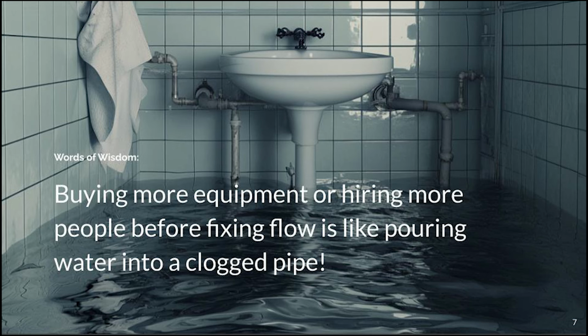And a root cause of that is needing to very clearly understand what a bottleneck is. So I like this word of wisdom: if you don't know what your bottleneck is and you're not addressing it, it's like pouring water into a clogged pipe. You're really not helping the situation.